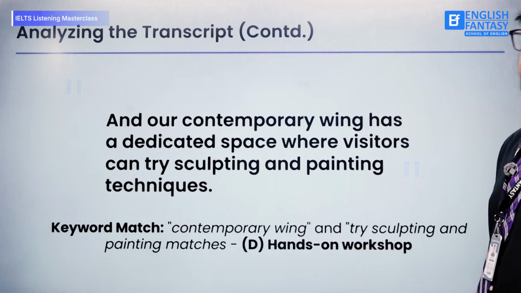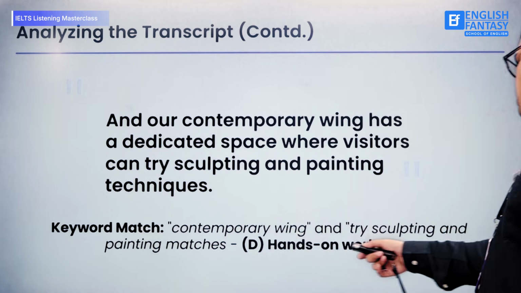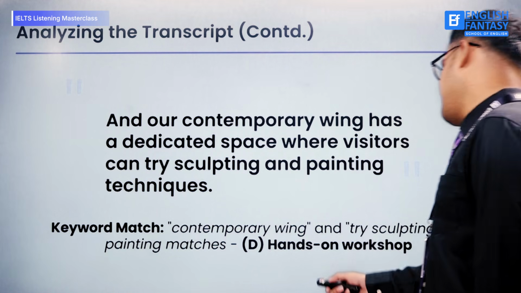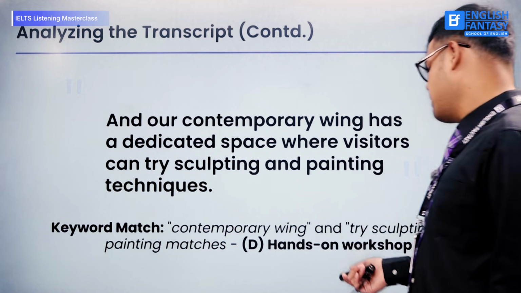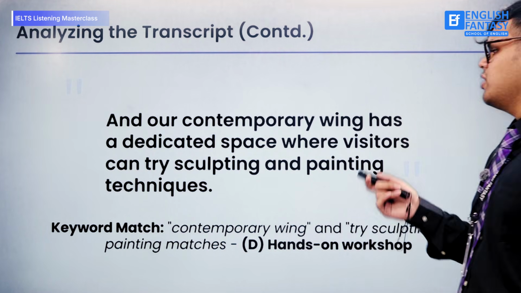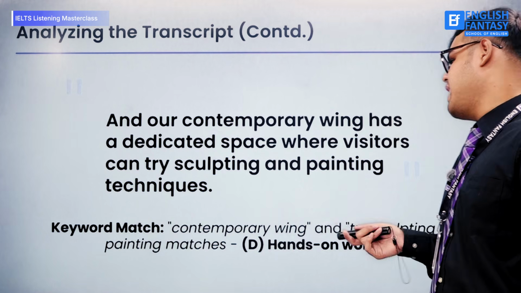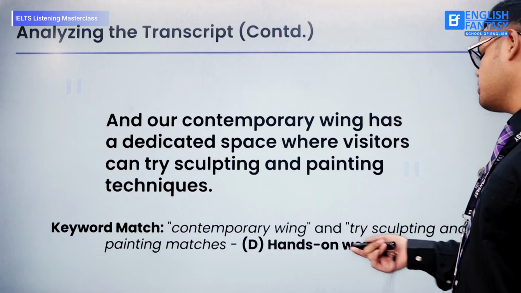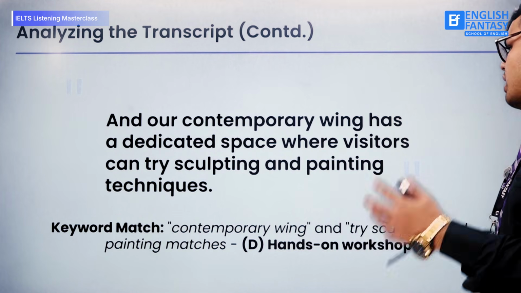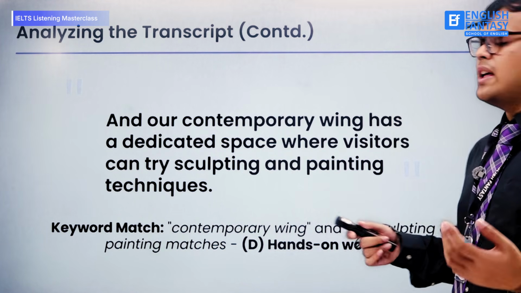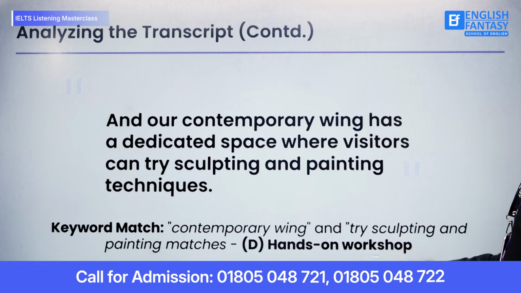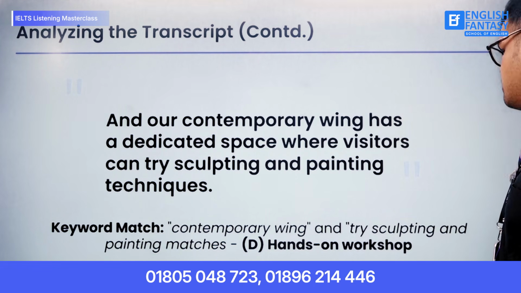So if we try to match the keywords, contemporary wing and try sculpting and painting matches hands-on workshop. Why does this happen? Because whenever visitors are given the opportunity to paint and sculpt, it means that they have a hands-on interaction session with whatever is being displayed at the museum. So we can safely say that the answer will be option D, hands-on workshop.